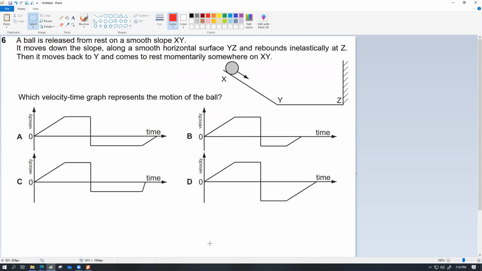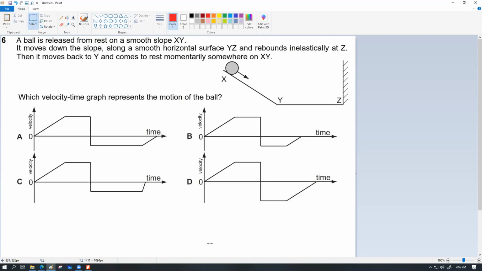So the answer is A. The correct response for this question is A. Can everybody understand why? Yes, sir.